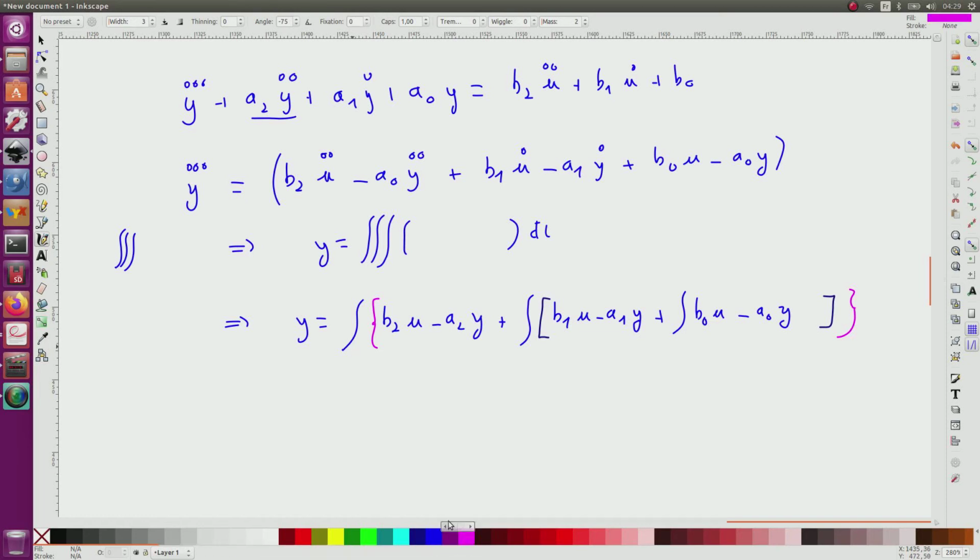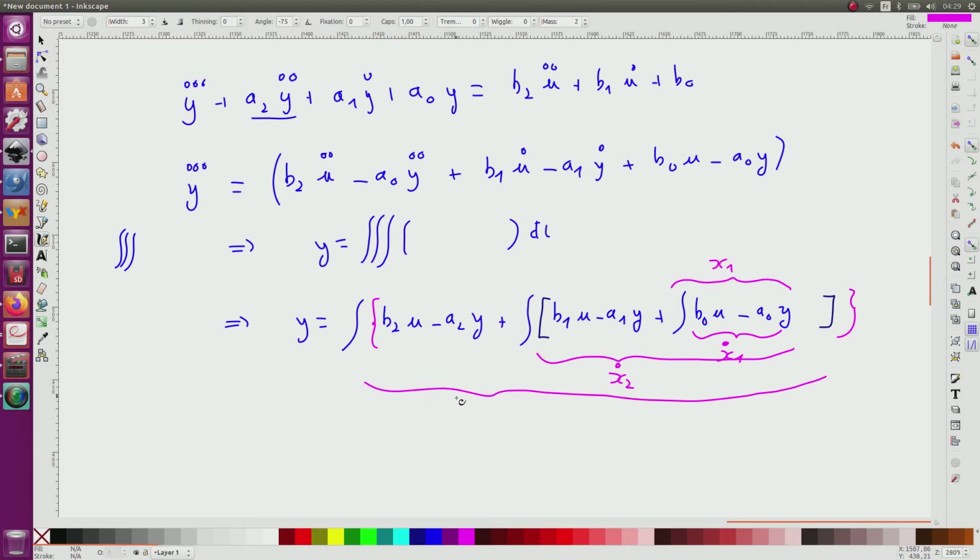Okay, so now I will call this quantity x dot 1, or equivalently this quantity is called x1. This quantity between brackets, I will call it x dot 2, and between braces I will call it x dot 3.